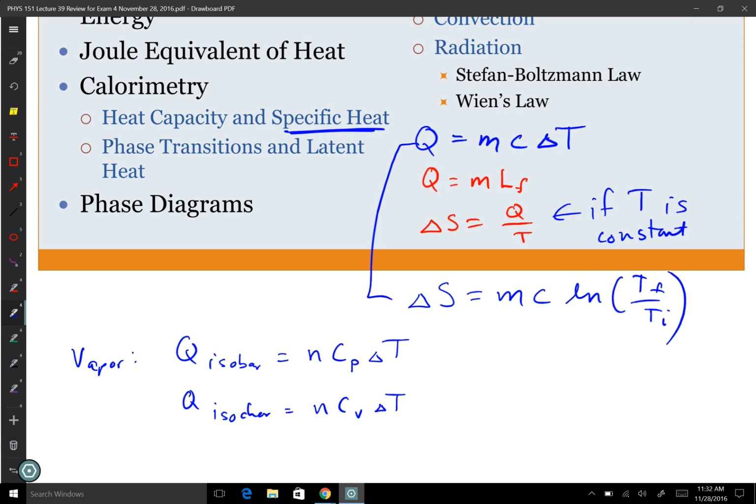C sub V means molar specific heat at constant volume. When I say molar specific heat, that means it's the heat per mole per degree Celsius. So in the top equation, that was a mass specific heat rather than a molar specific heat, because it was the heat per mass per degree.